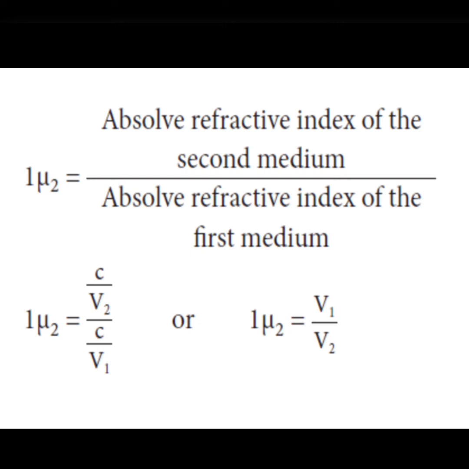The speed of light is the same for everyone, so it will get cancelled. So the ratio is between the absolute refractive indices. Thus, the refractive index of one medium with respect to another medium is also given by the ratio of speed of light in the first medium to the speed of light in the second medium.